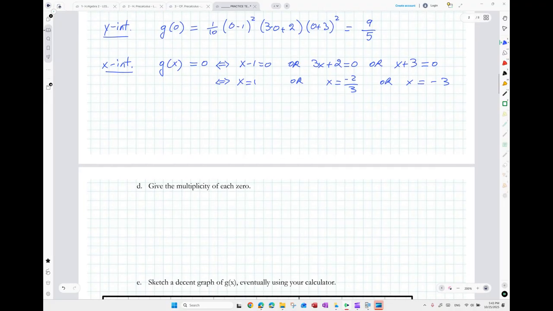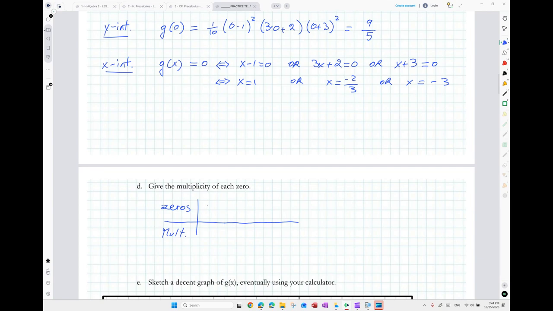So to give the multiplicity of each zero, there is no math involved really, but try to be clear nonetheless. So just list the zeros and their multiplicity. I suggested in class to have a little chart.